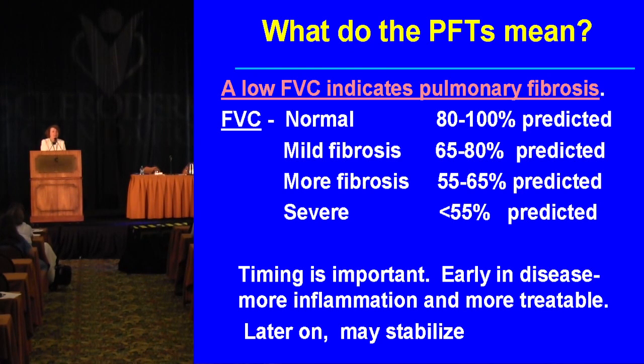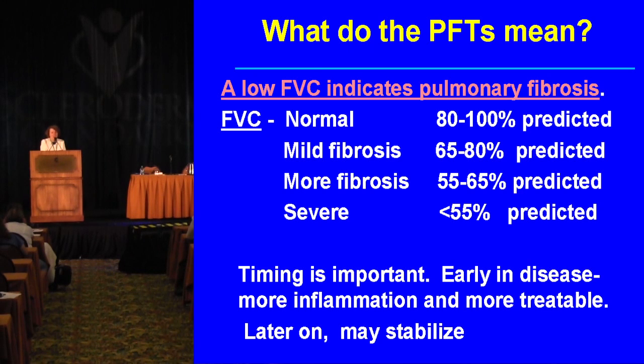And so we have to get it early when there's still the inflammatory condition that is stimulating the scar tissue from developing, so we can stop that process from developing. So that's why it's so important early in the disease, particularly, to measure these pulmonary function tests, to do them, as I say, sometimes I do them every 3, 4, 6 months, to make sure there isn't a deterioration.